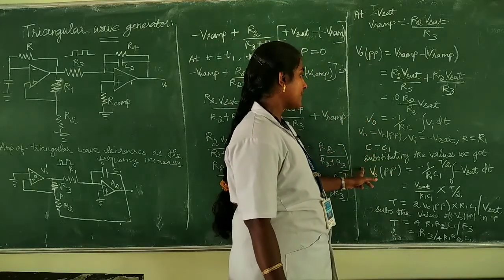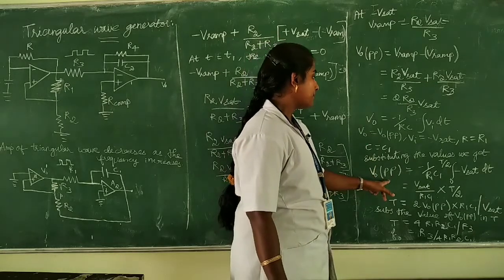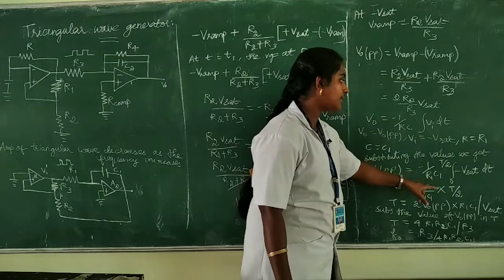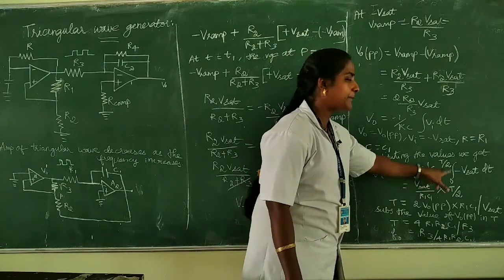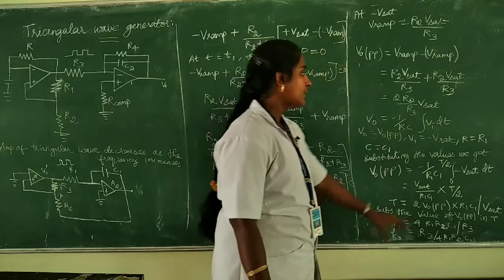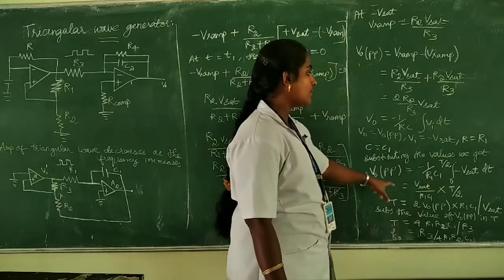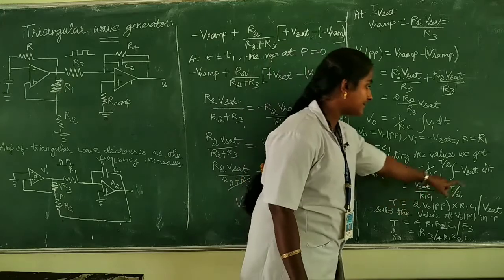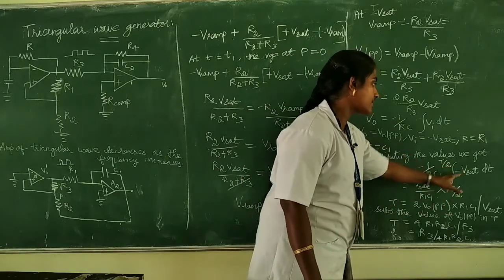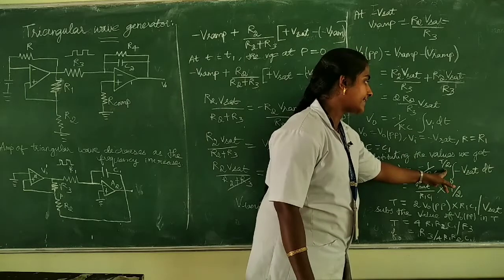Substituting the values, you will get V naught peak to peak voltage is equal to minus 1 by R1 C1 integral over the time period 0 to T by 2 of minus V saturation dt. On integrating, since V saturation is a constant, you can take it outside.